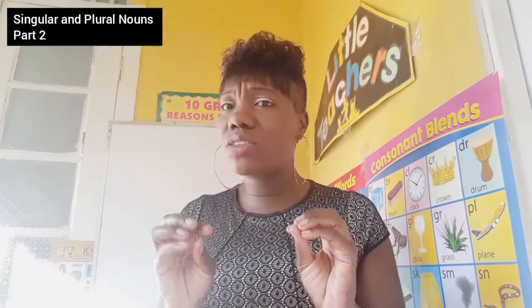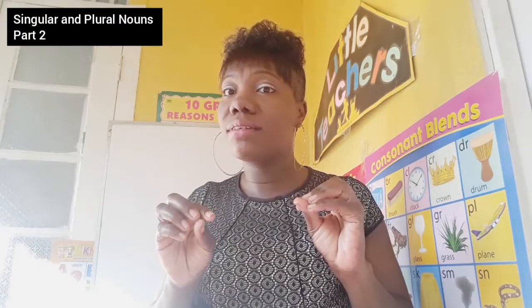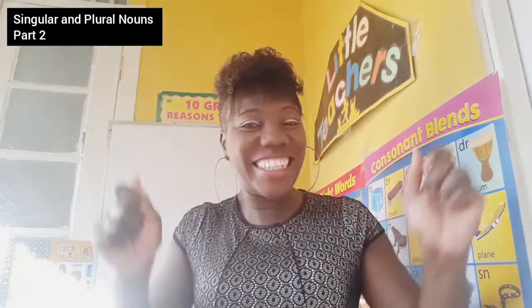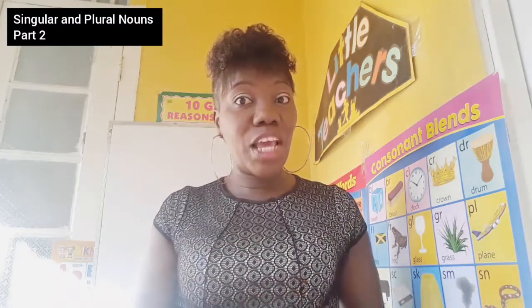So yesterday we did some plural nouns. Which letter did we add to the end of those nouns to make them plural? S. Very good. So we add S to the end of some nouns to make them plural, as in cat. One cat, which is singular, we say cat.